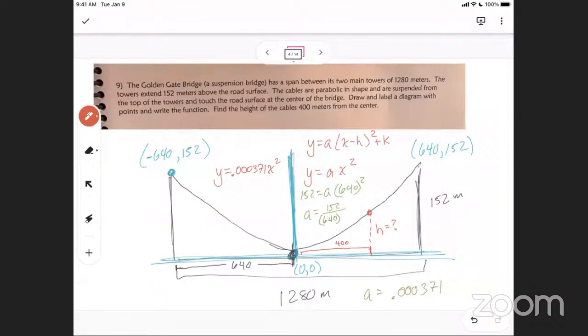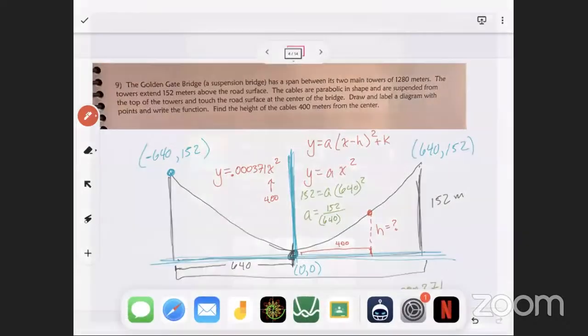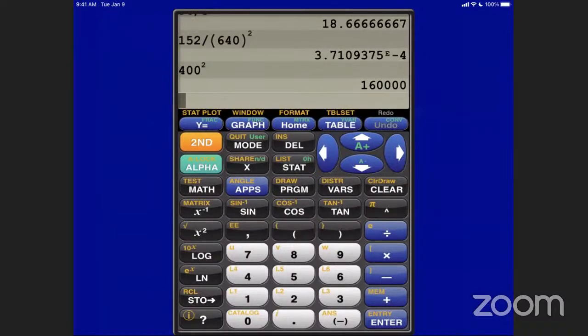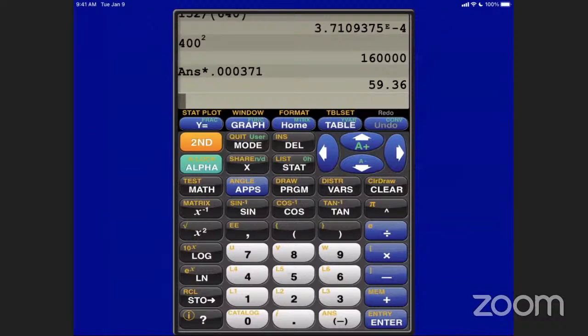So to find out the height 400 meters away from the center of the bridge, we plug in 400 for X and solve for Y. So plug 400 in, 400 squared, and then multiply that by 0.000371, and you get 59.36.